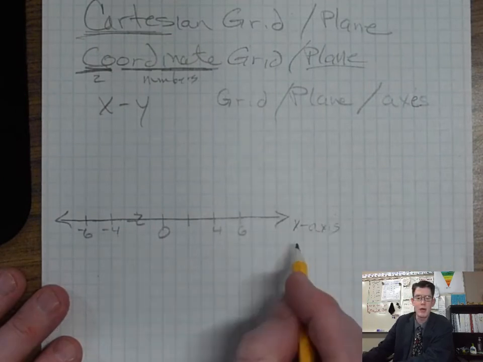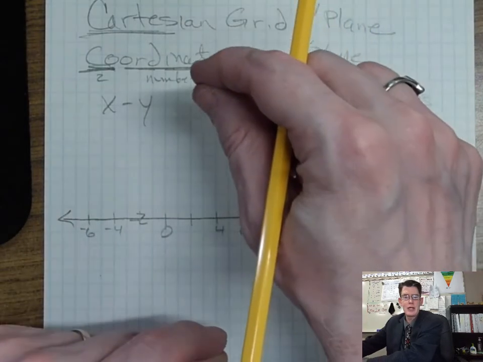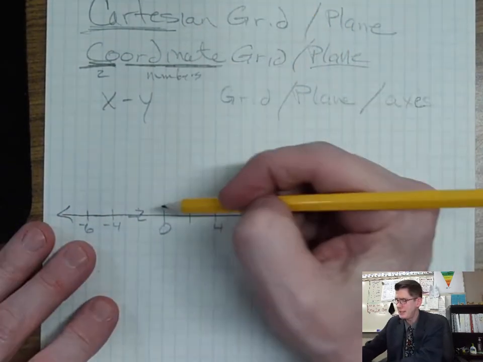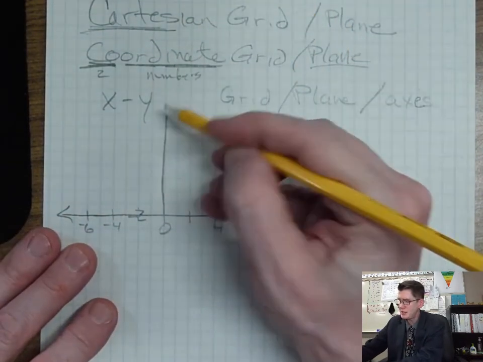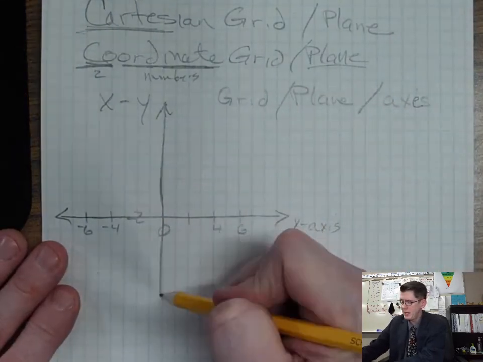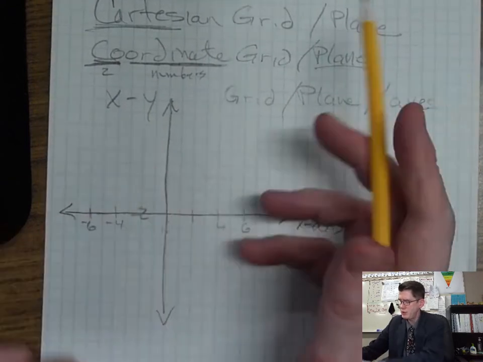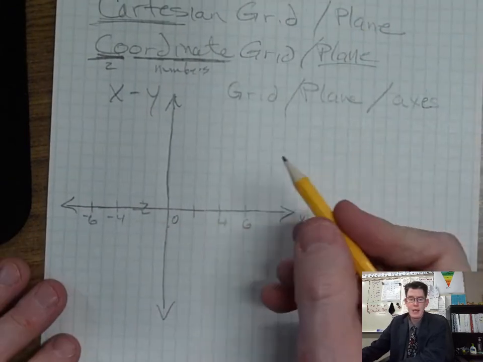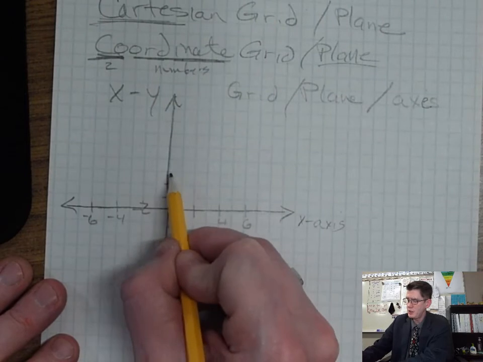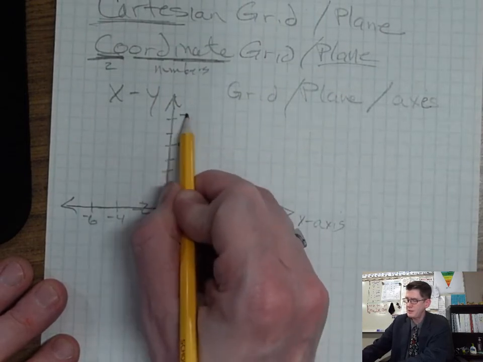You already know the number line. Imagine taking the number line and turning it and setting it back down so that the positive numbers go up and the negative numbers go down. Still 0, it's just hard to see. So now up here we've got 1, 2, 3, 4, there's 5, 6, there's 7.